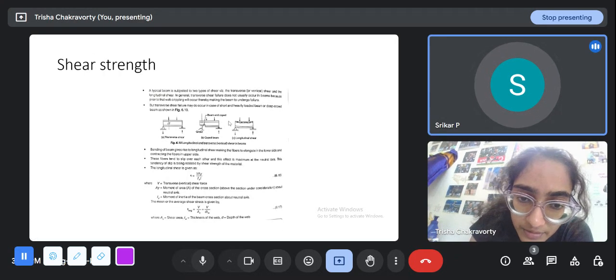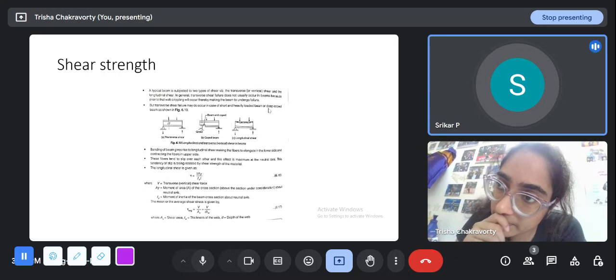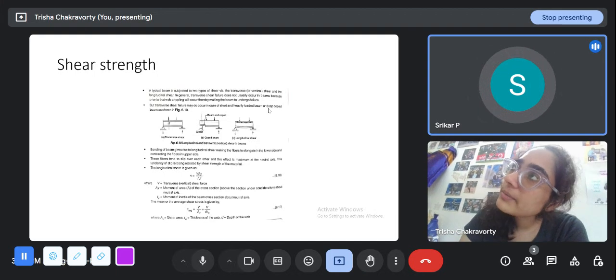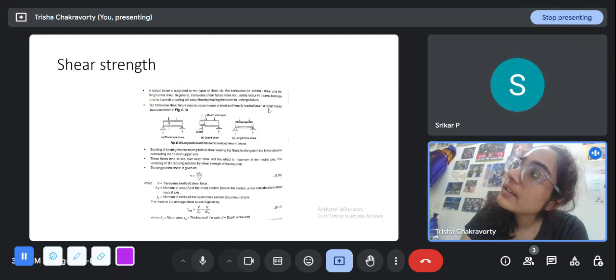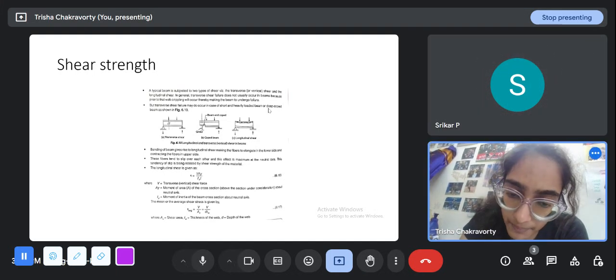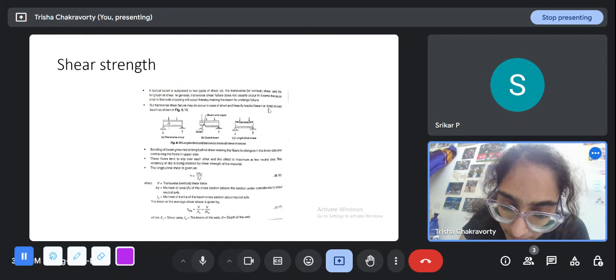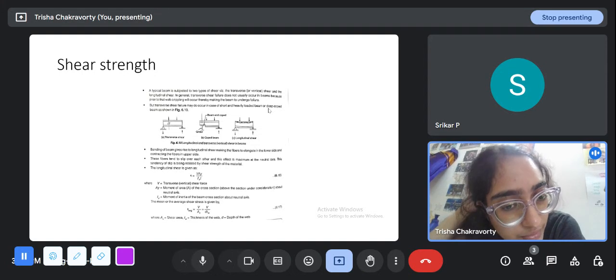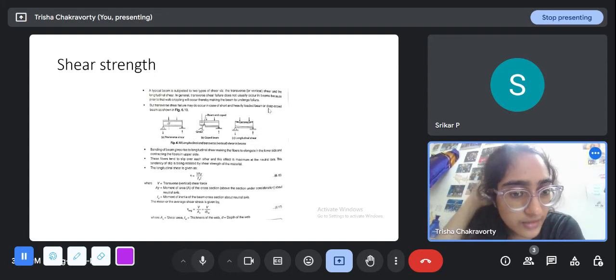But longitudinal shear, is that like in the flange section? That's what I'm thinking. One second. Because shear is generally taken by the web, so I don't know why they are showing it in the flange. One second.